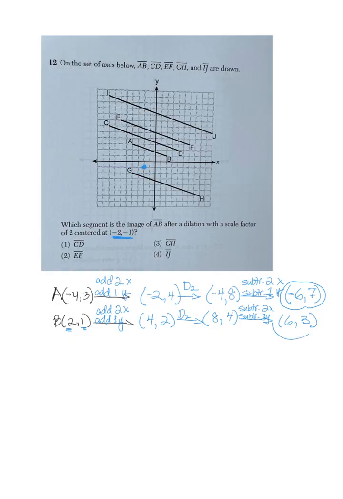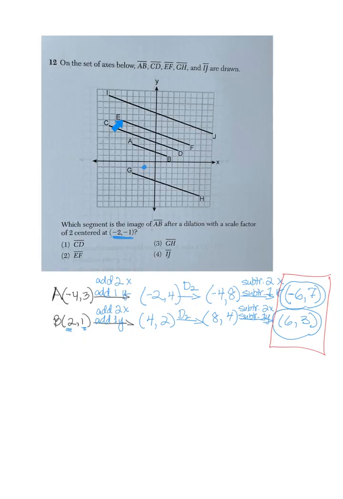Okay, so now what we're doing is we are looking for these 2 points. And those 2 points will be the endpoints of one of these lines. All right, so let's look for -6, 7. So 1, 2, 3, 4, 5, 6. 1, 2, 3, 4, 5, 6, 7.